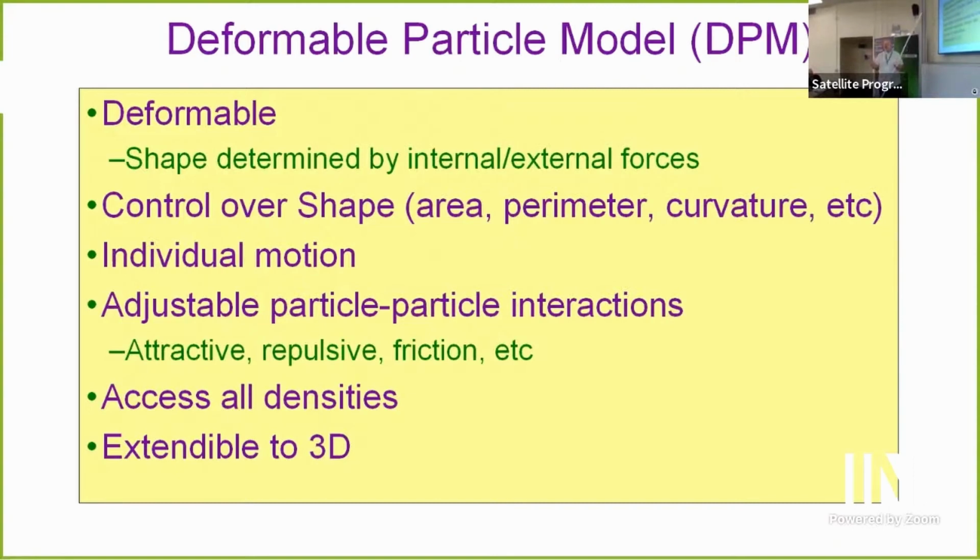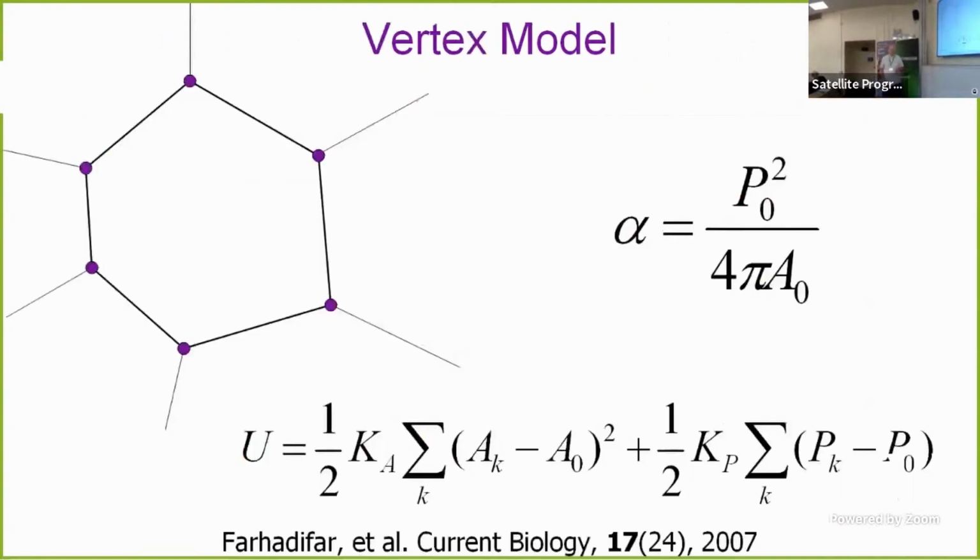These are sort of generic shapes we're after. We want to be able to address every cell separately. We'll be able to do things to each cell separately. We want to be able to make the interactions between the cells arbitrary. Whatever interaction we think is useful, we should be able to do. We want to be able to do this in all densities, from dilute to packed to overlapped, everything. And it should be easily extendable to 3D. We want all these things.